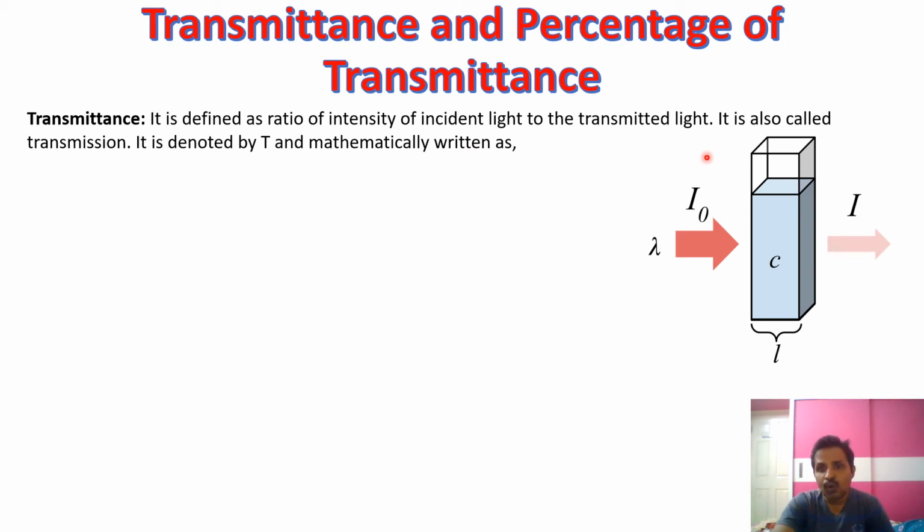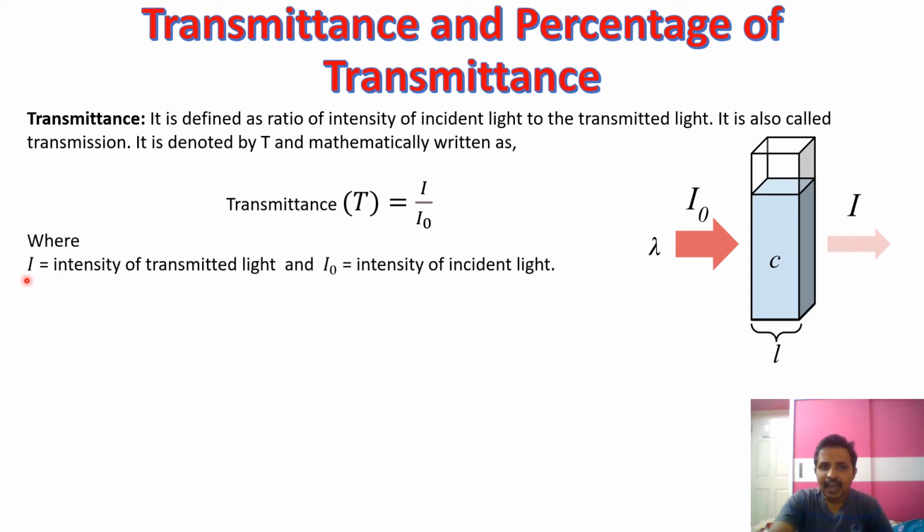It is also called transmission, and it is denoted by capital T. Mathematically, transmittance T equals I by I naught, where I is the intensity of transmitted light and I naught is the intensity of incident light.